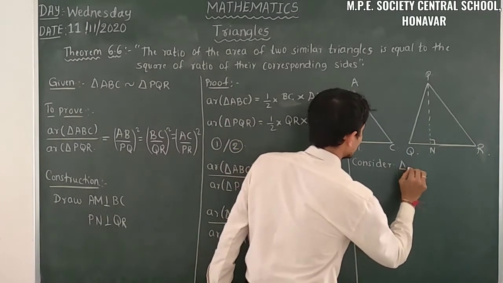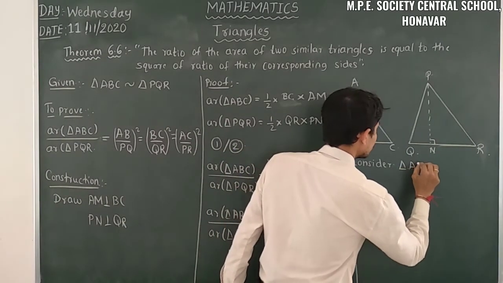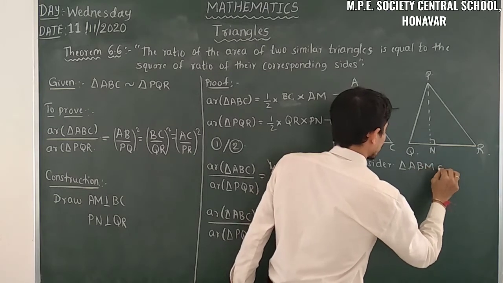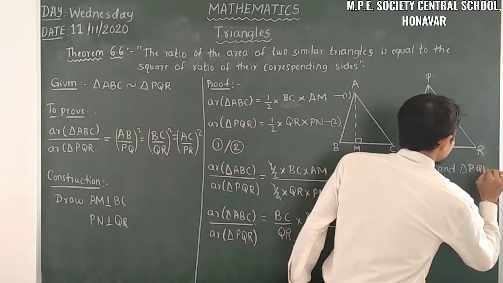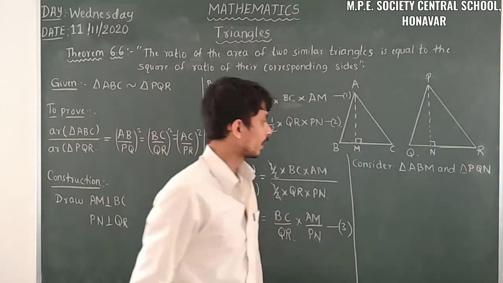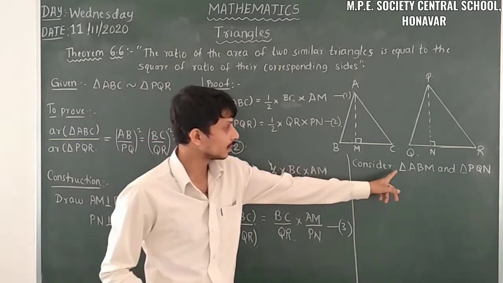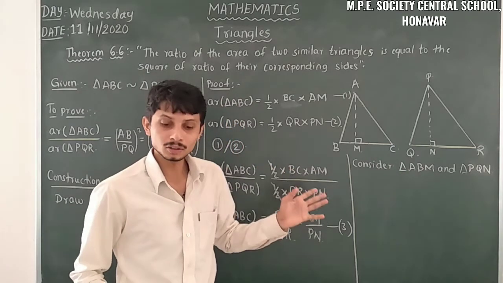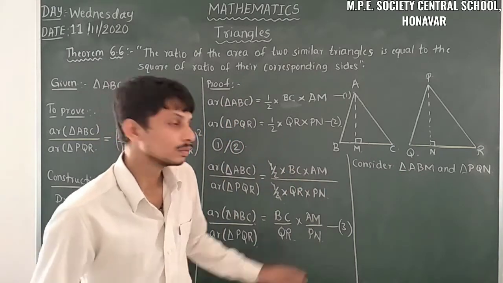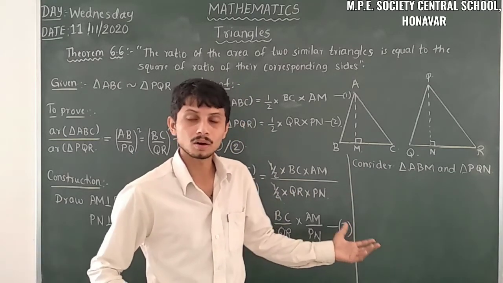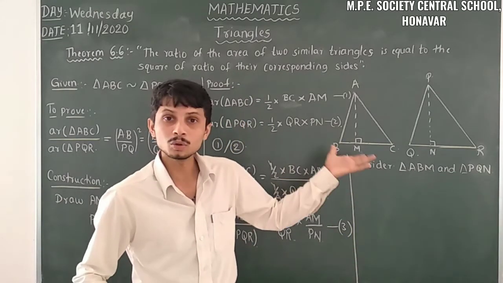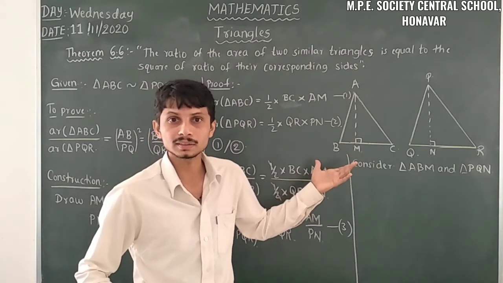Consider triangle ABM and triangle PQN. So here I consider those two triangles, triangle ABM and triangle PQN. We have to prove those two triangles are similar. How can we take that one? We have to know what similarities are there.